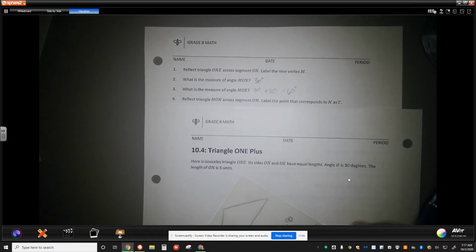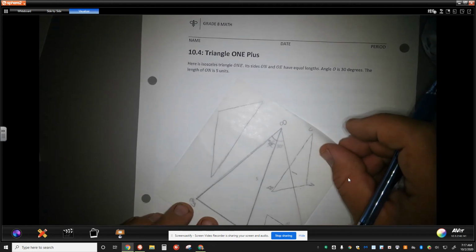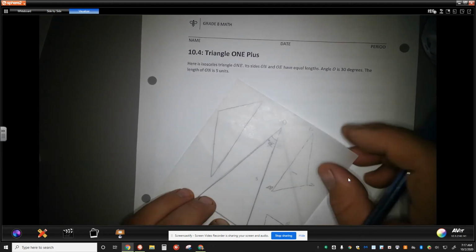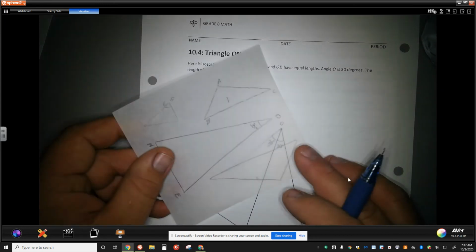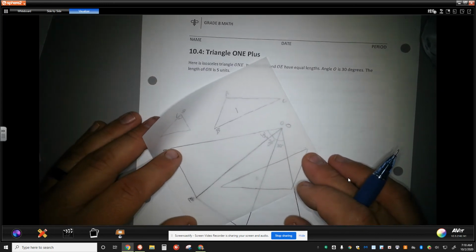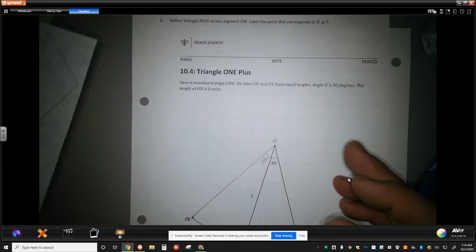So here we go. We're going to go back to this one. OM. We realize it's the same triangle, so I can use the same drawing. Reflect it again across OM.